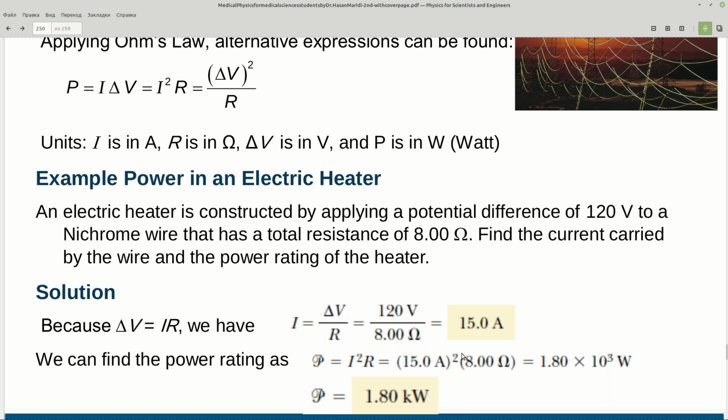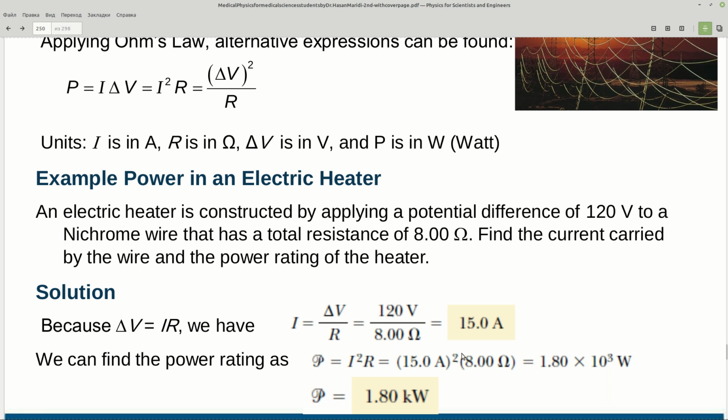The degree of damage will depend on the features of the current: the magnitude of the current, the length of time it acts on the tissues of the body. It also depends on the part of the body which is touched by the live wire.